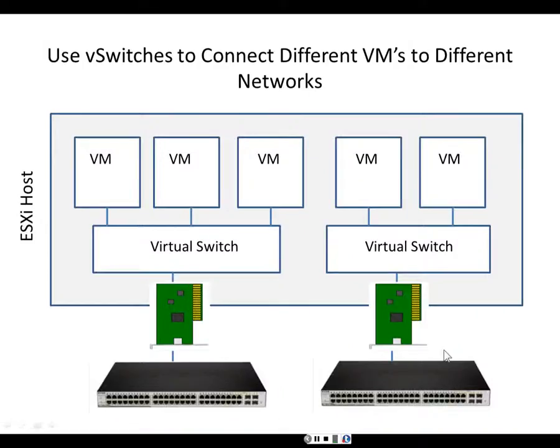You can use virtual switches to connect different virtual machines to different networks, and this allows us to isolate virtual machines. That is to say, these two virtual machines in the same physical machine can be connected to different physical networks, and they can be isolated from each other even though they're in the same physical machine.